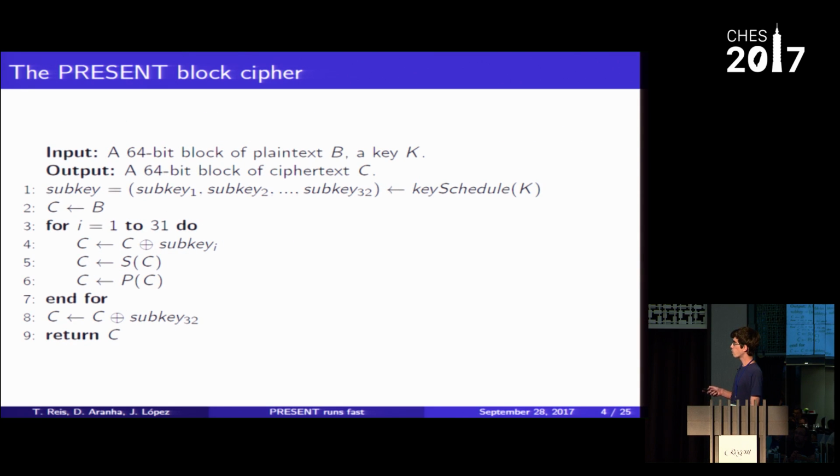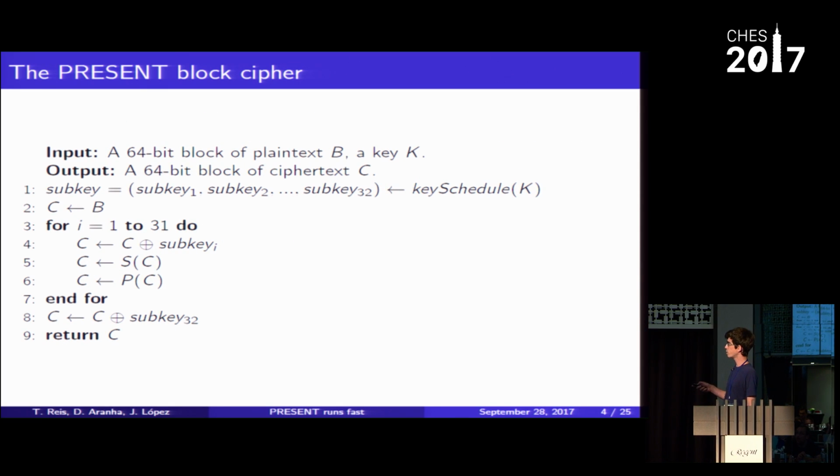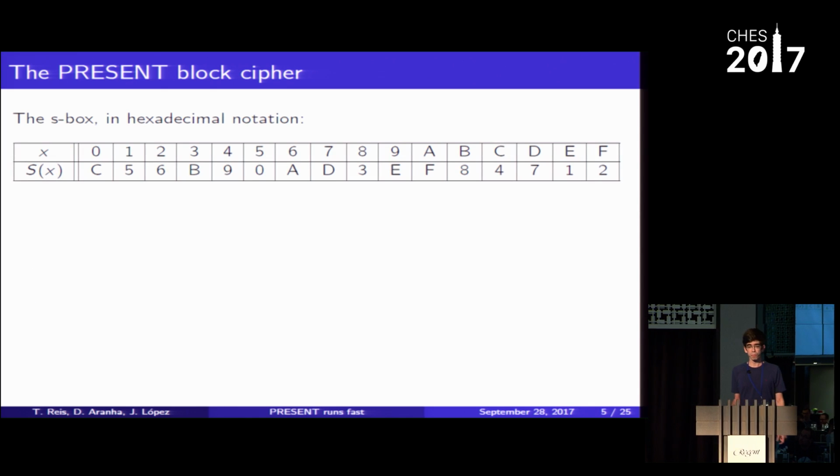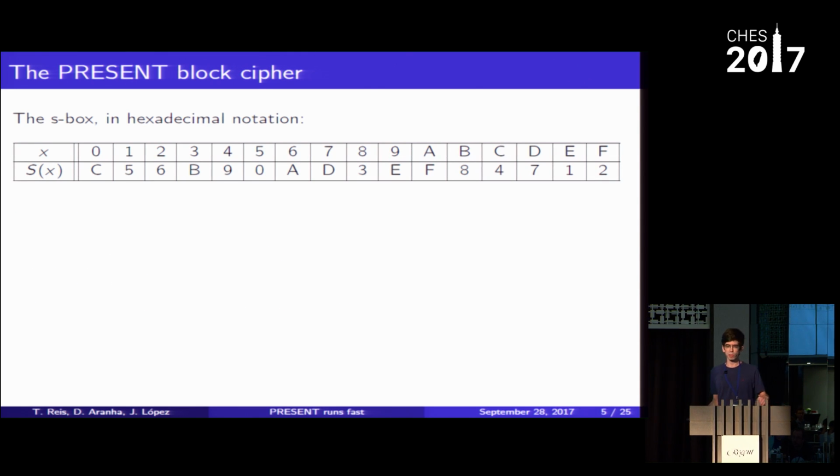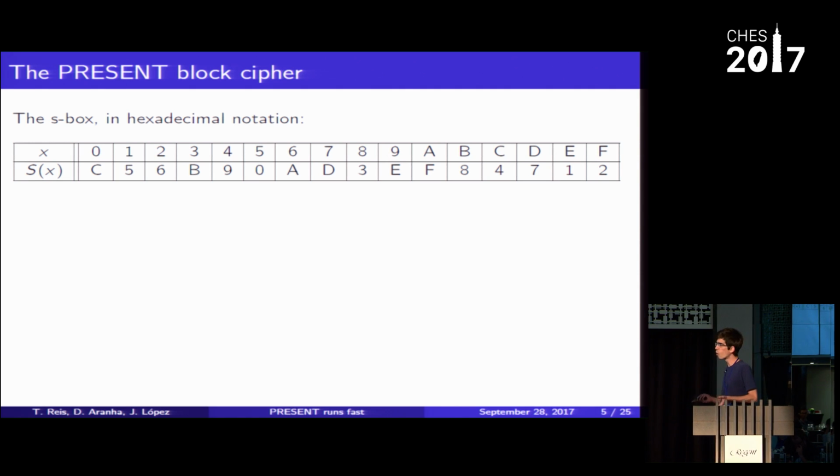Here is a pseudocode showing that first you generate all the subkeys, or the round keys, with the key schedule. Then for each round, you add the subkeys, go through the substitution boxes, and then permute the bits. Here is the S-box. It's a 4-bit to 4-bit S-box, so it's a small one.